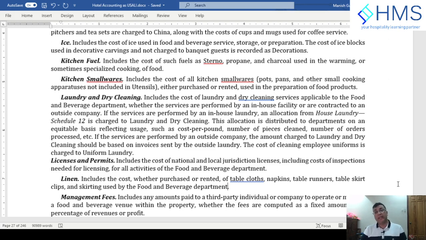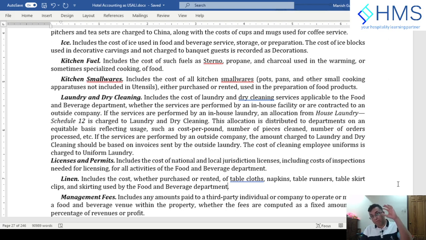If the hotel is recovering the cost, it will be recovered from the certain provisions. However, depending on the accounting principle of the company, the hotel might be capitalizing the cost of linens, glassware, and flatware on the first setup.